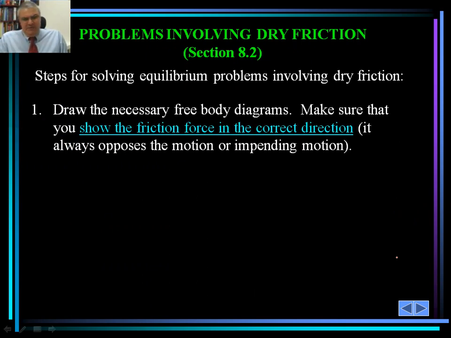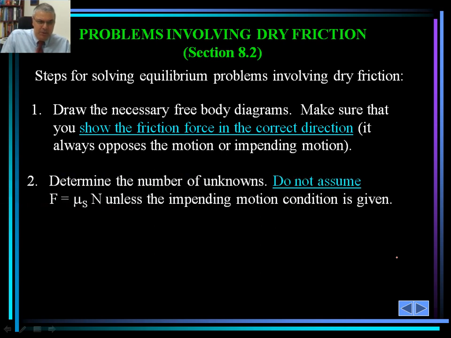So what are the steps involved in solving problems involving dry friction? These steps are shown here. Step number 1, as with other static problems, we would draw the necessary free body diagrams. Then we make sure that we show the friction force in the correct direction. It always opposes the motion or impending motion.